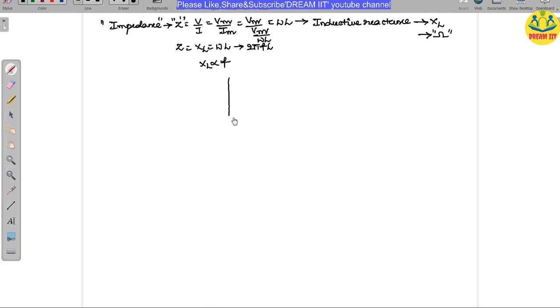If you draw the diagram of frequency versus XL, whenever you increase the frequency, XL will also increase. XL is directly proportional to frequency. XL is the inductive reactance, measured in ohms.